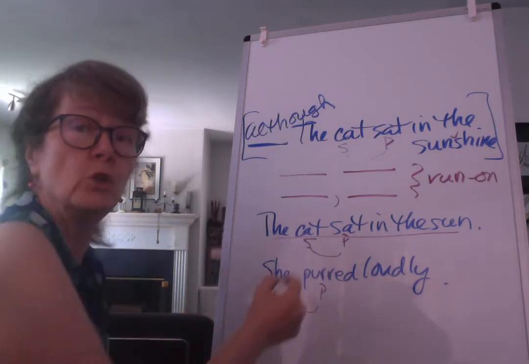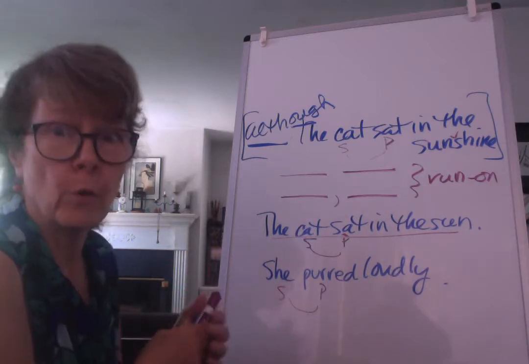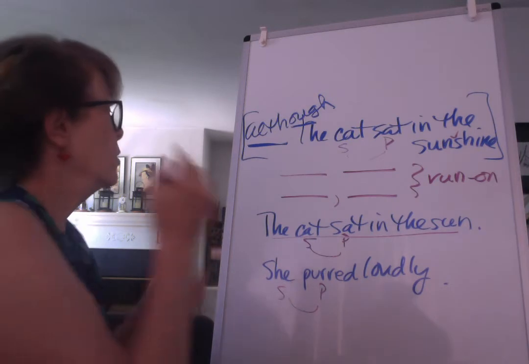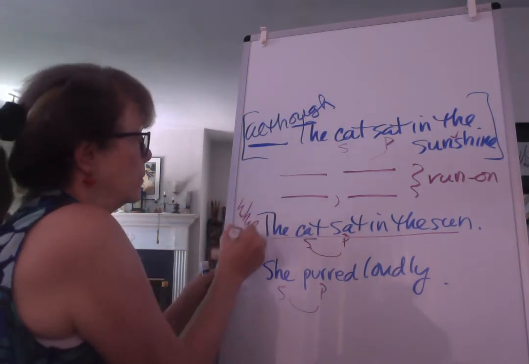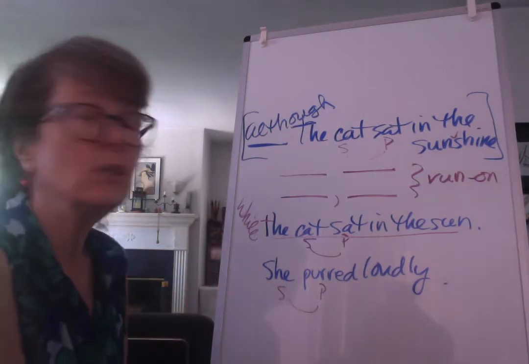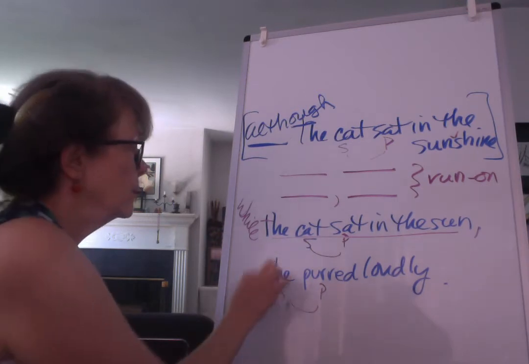Now, if I want to join them together, I could use a subordinating conjunction. So I could say, while the cat sat in the sunshine, comma, she purred loudly.